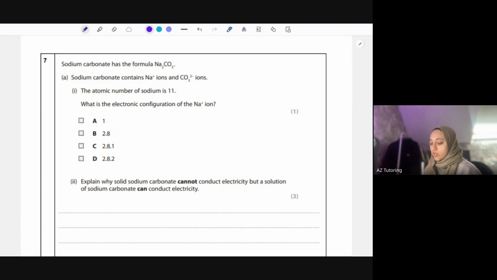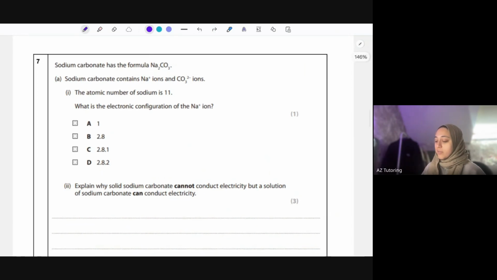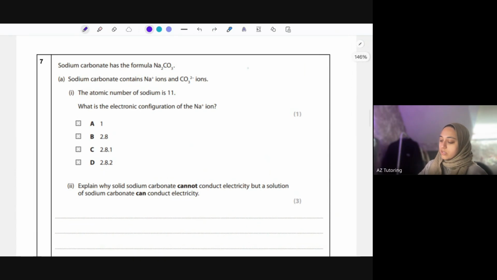Sodium carbonate has the formula Na2CO3. In case they don't tell you that, I'll tell you how you figure that out. Sodium has a one plus charge because it's in group 1. It loses 1 electron, so it becomes 1 plus. Carbonate is again something that you need to remember is 2 minus, just like sulfate's 2 minus.